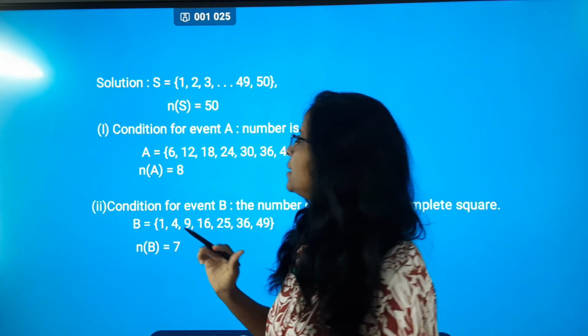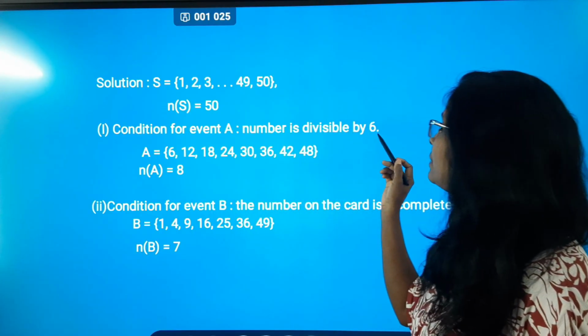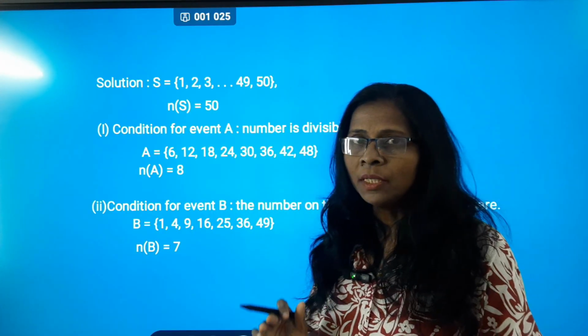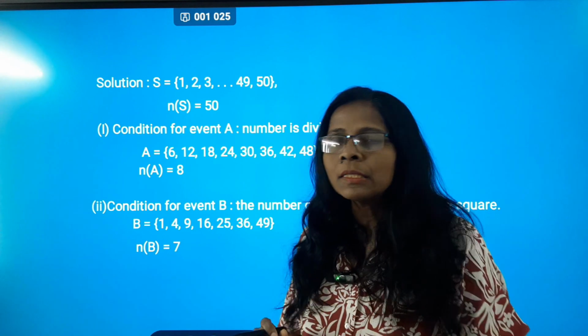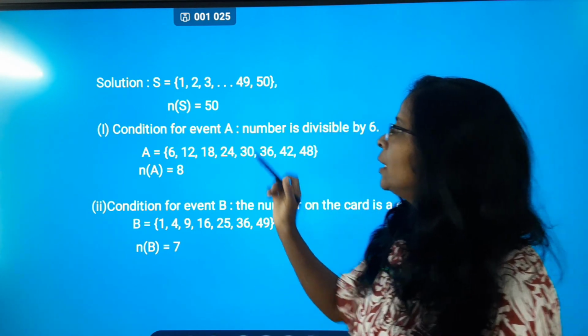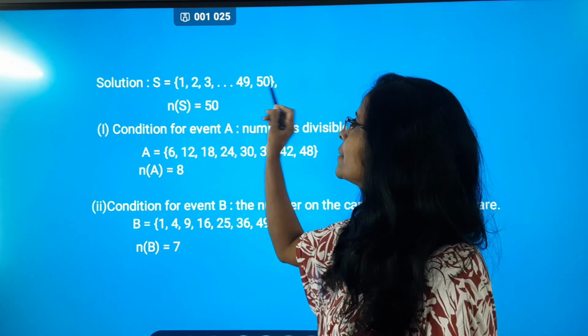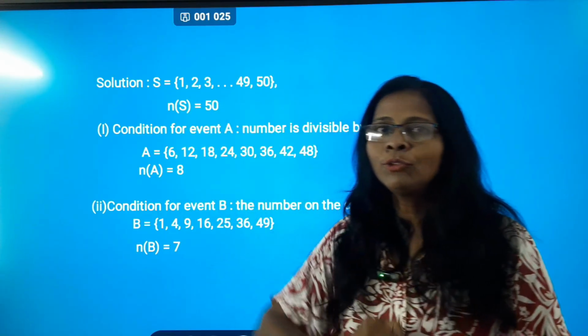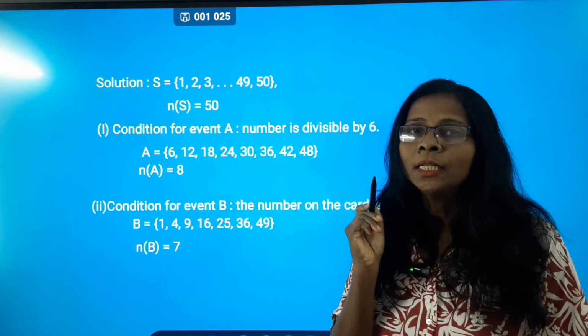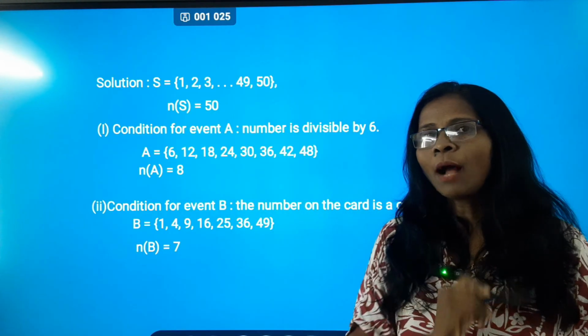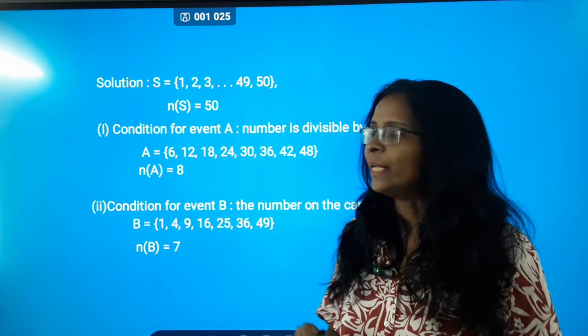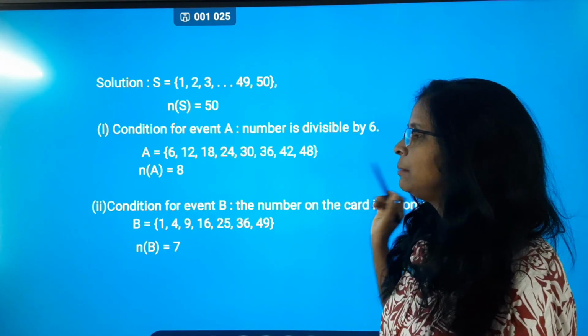The first event is that the number is divisible by 6. So we take the numbers in the sample space for which the favorable outcomes appear, that is, the number is divisible by 6.